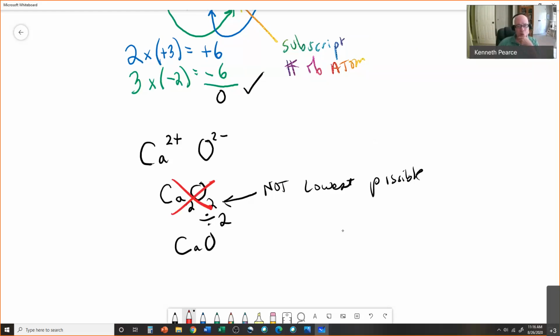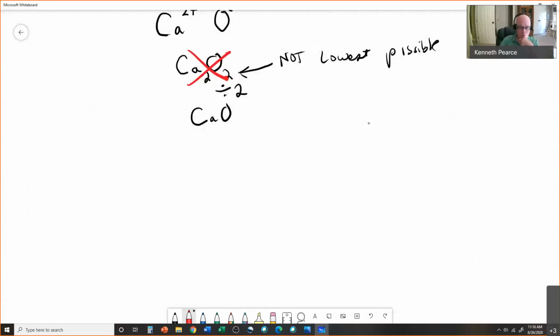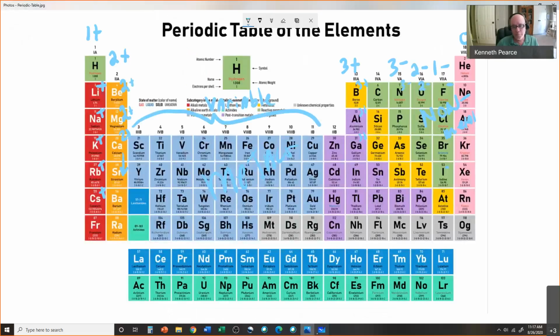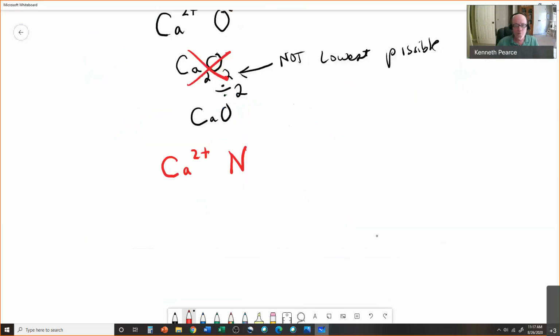And so we can do all sorts of stuff. Let's do calcium nitride. We would have calcium, which is 2 plus, and nitrogen. If we look on our periodic table, we find that nitrogen is in the 3 minus column, so we would say 3 minus. Since they're not equal to 0, we're going to have to cross the charges. Go ahead and push them together first.